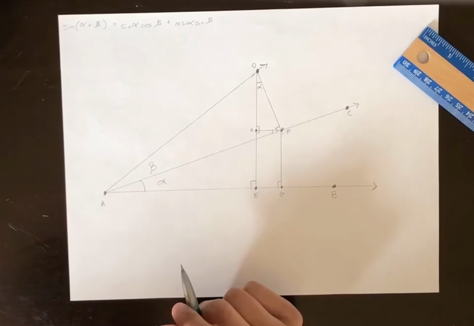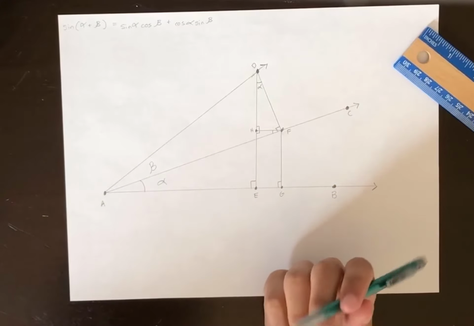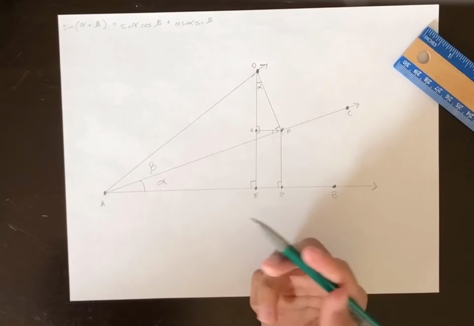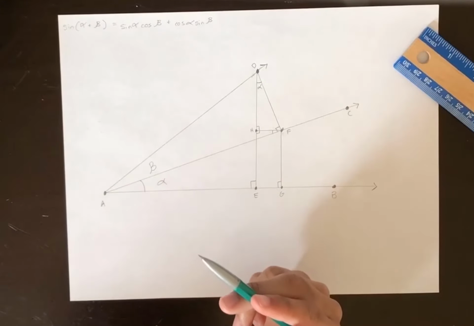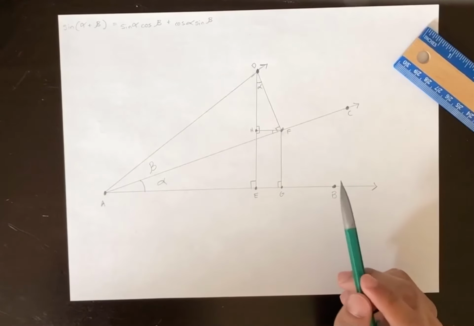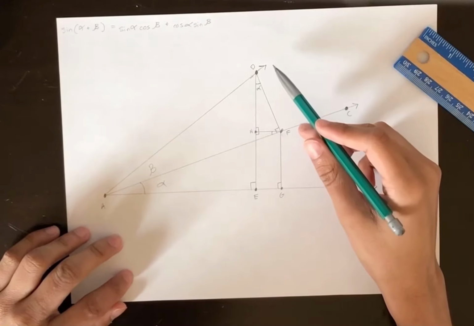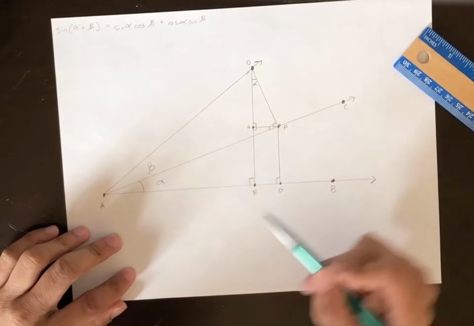Now remember that the sine sum identity is, remember how I said that the sine of alpha plus beta is DE over AD?